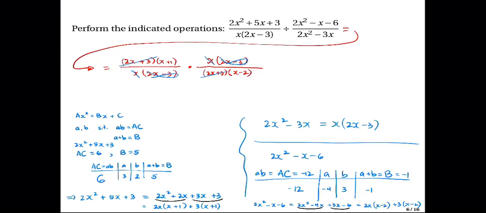And what's left is the expression x plus 1 divided by x minus 2. Okay? So this is the complete solution of this problem.